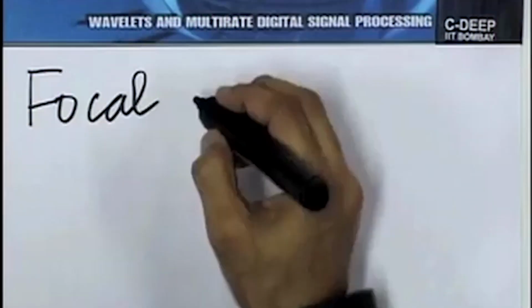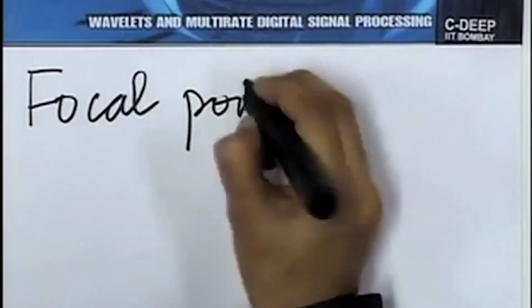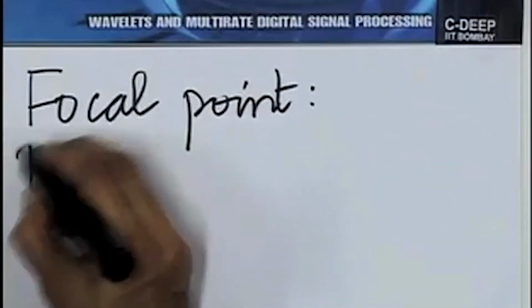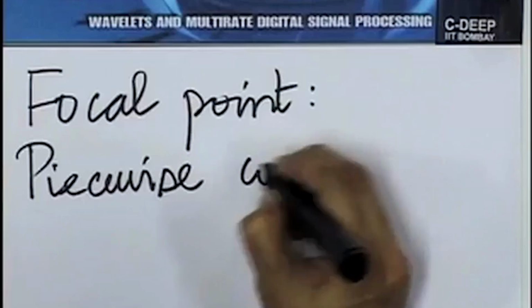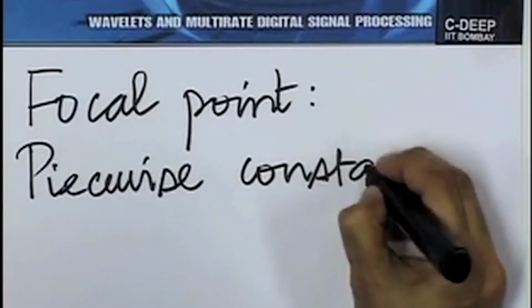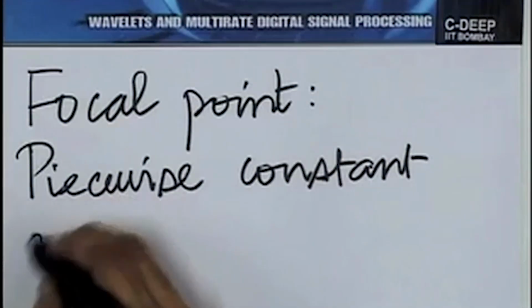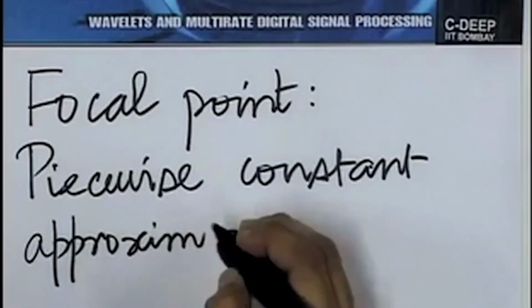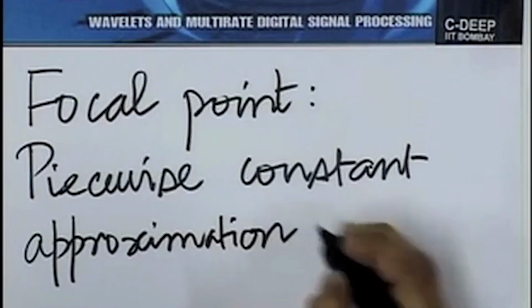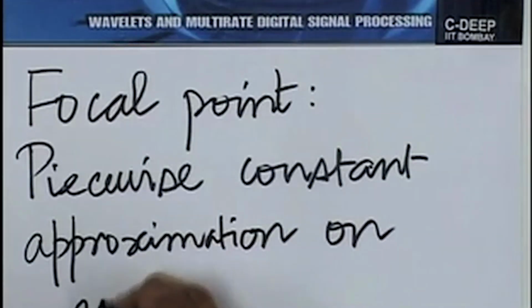Piecewise constant. So, the so called fulcrum or focal point is piecewise constant approximation on unit intervals.